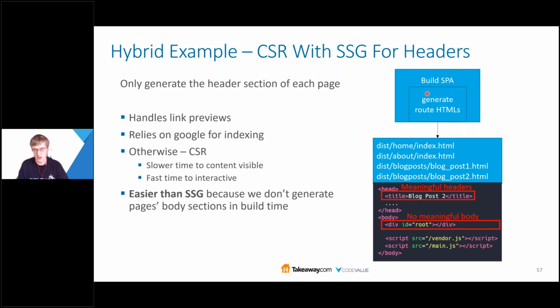So what you can do is that at build time, you generate the headers, and then you will have link previews, right? Because link previews depend on the title and the description and the different tags in the head section. So link previews will work.